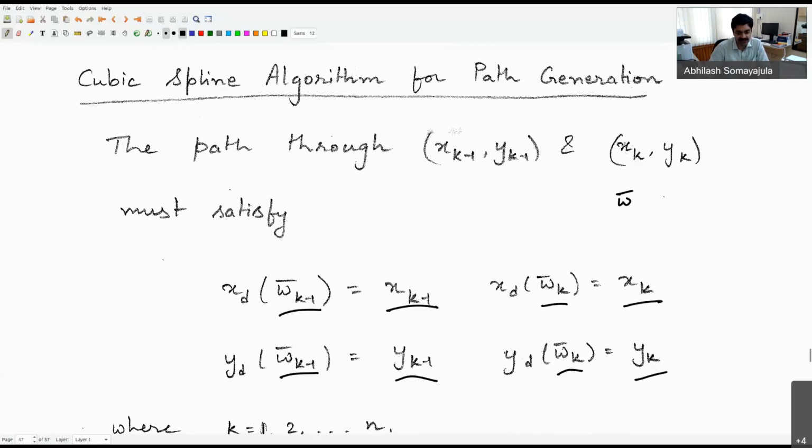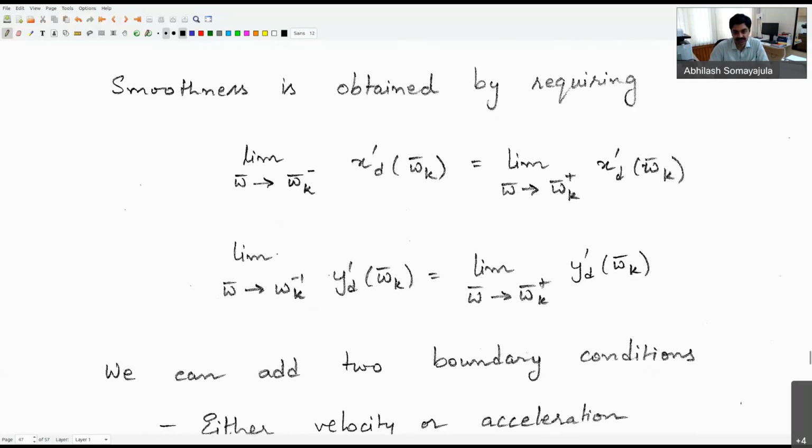And we next looked at the idea that smoothness must also be there, which means that the derivatives with respect to the path variable must also match from both sides of the waypoint. We should see the same value being approached from either side of the waypoint.